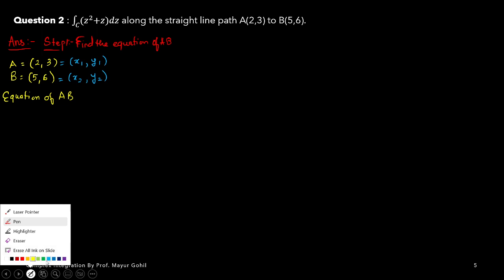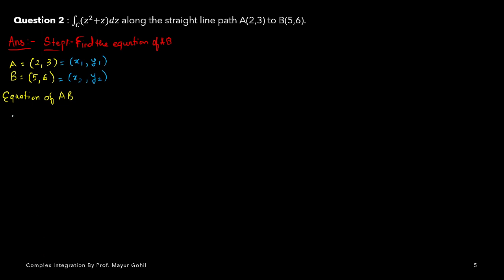The formula is this: y minus y1 divided by y1 minus y2 equals x minus x1 over x1 minus x2.